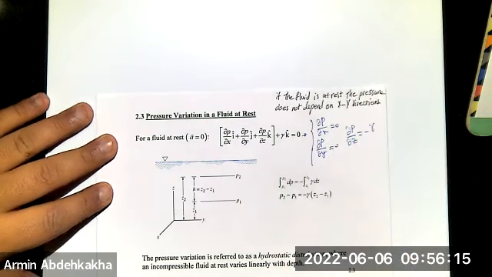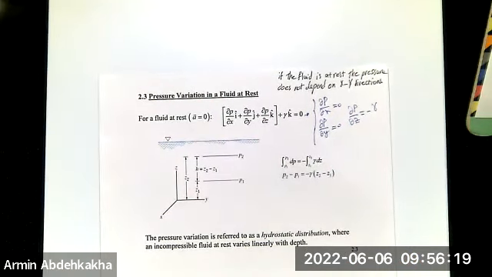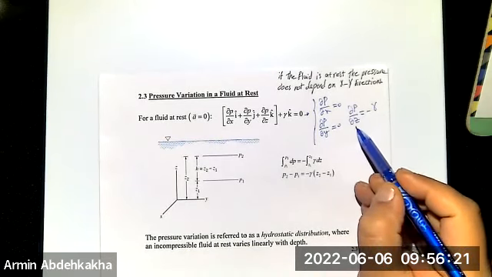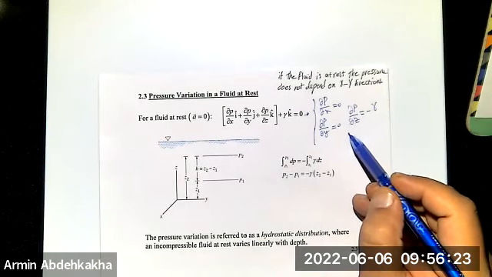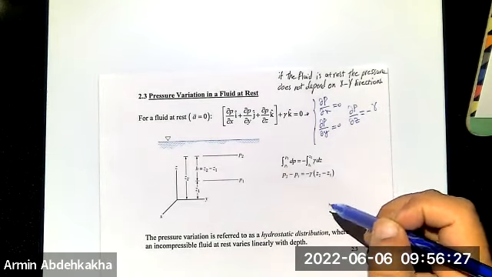So only Z. Why? Because we have the weight of the fluid, right?